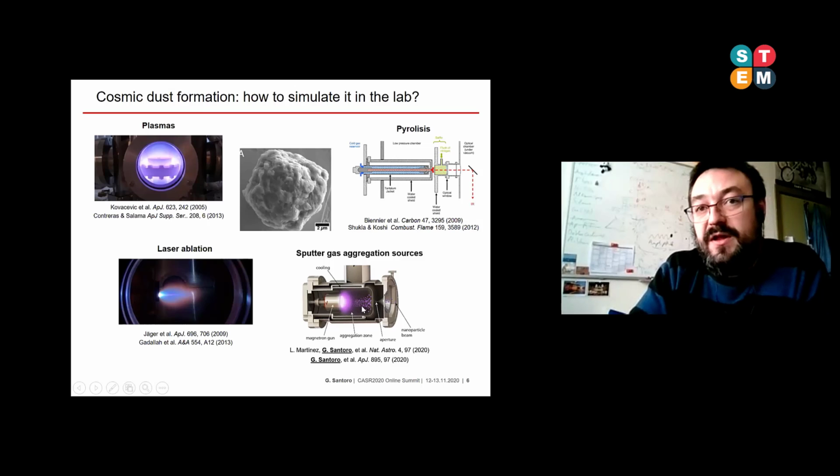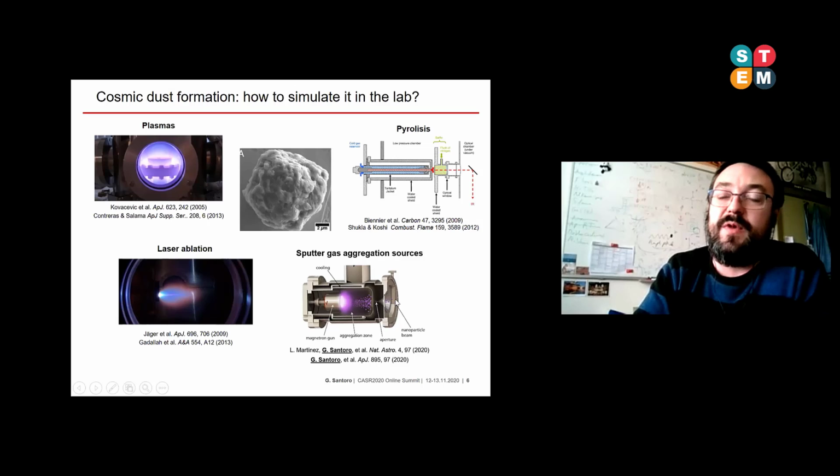All this material that we synthesize here is afterwards extracted through differential pumping, with different pressures here and here, and forms a jet of flying nanoparticles, a beam of flying nanoparticles. That is what we consider our analogs.